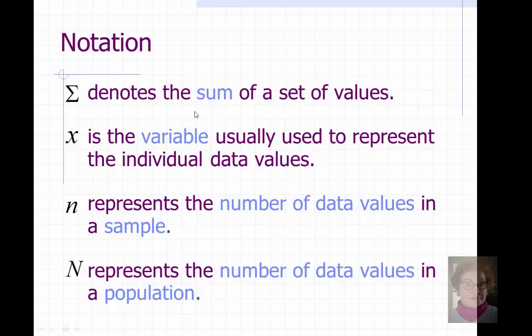So sigma means sum of. We're going to use x as our variable. Sometimes we will put a subscript i behind it, meaning individual x. A lowercase n represents the number of data values we have in the sample, and a capital N represents the number of data values we have in the population.